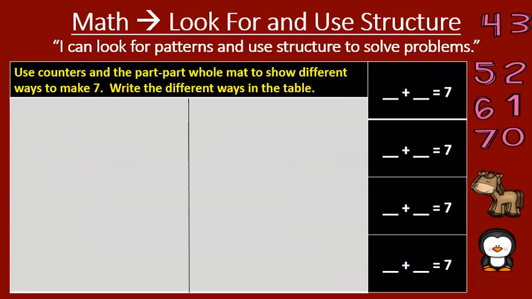Now, here's what you're going to do, okay? You're going to give this a try. Now, look on your screen. I want you to copy down this entire square here. Everything that's in here. Your part whole mat. This line here. And I want you to copy down these 4 here. Okay?